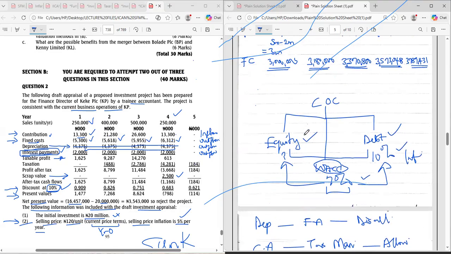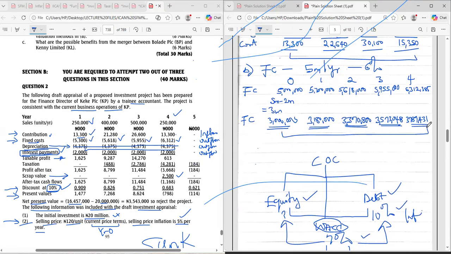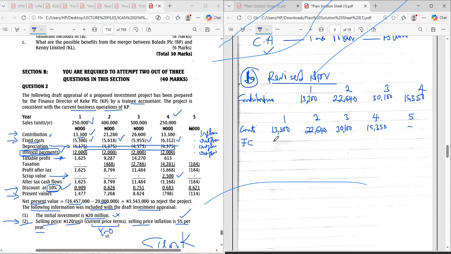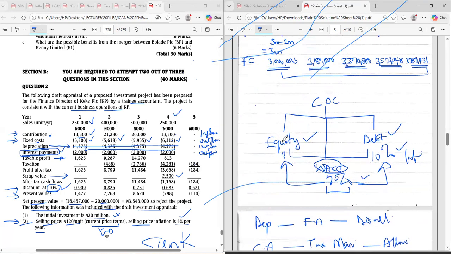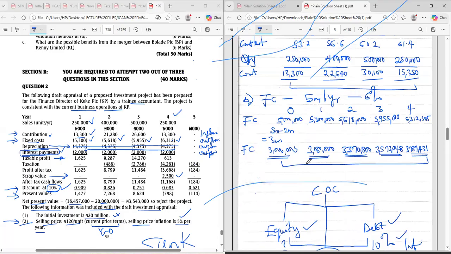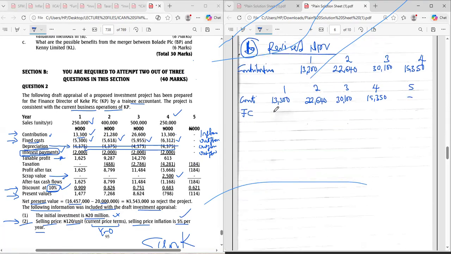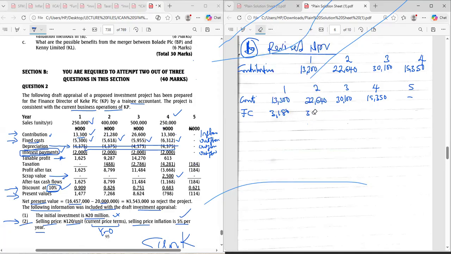So what's our fixed cost? Who can tell me? 3,000 for year 1. 3,180. Thank you. 3,180, 3,000. 3,370.8.